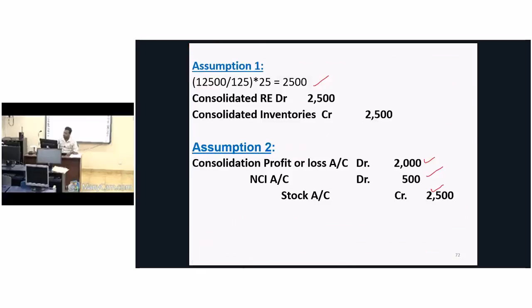Study these examples later. Double entry for unrealized profit. I will generalize it like this, then it is easy to remember.